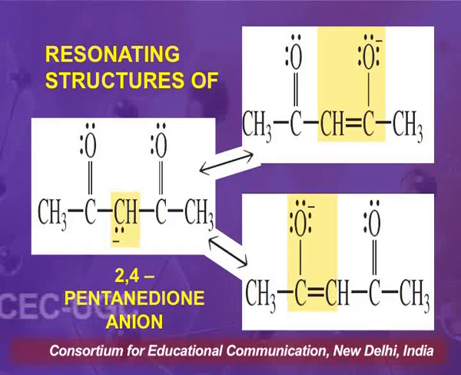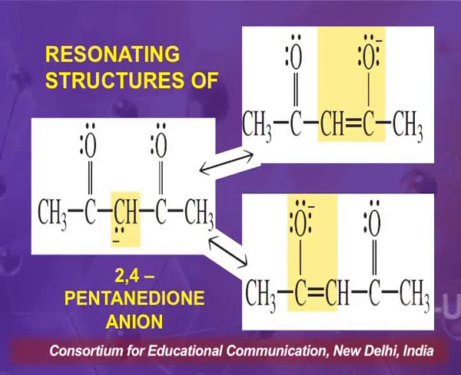As you can see on your screens, this is the reactive methylene group because it is sandwiched between two electron withdrawing groups, and a hydrogen has been removed from here as a proton, and we get a carbanion. Now the carbanion which is formed, you can see we made two resonating structures for this, and in these two resonating structures the negative charge can be delocalized over these two oxygens.